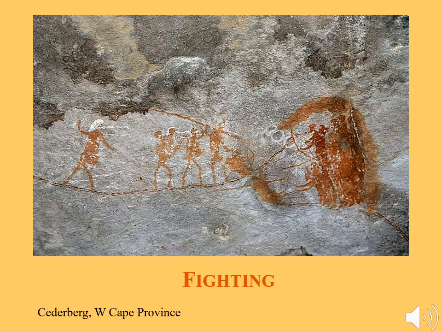It's not only dancing and trancing that we see in the rock paintings, but fairly often we come across instances where fighting is depicted. And this is a classic, very well-known painting from the Western Cape. And as you can see, it shows two groups of people.